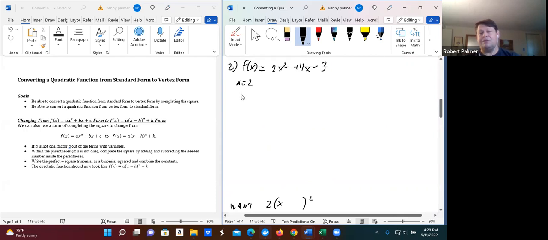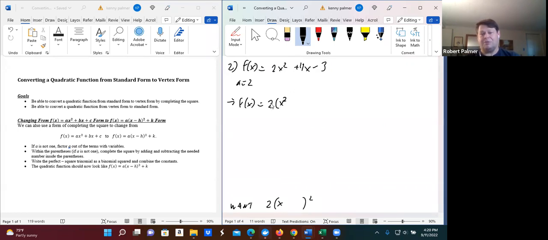Now what's different this time is we're going to follow this. If a is not 1, and that's the case here, factor a out of the terms with variables. So that's going to be our first step. So f of x is equal to, we factor the 2 out. Remember, essentially it means we're dividing.